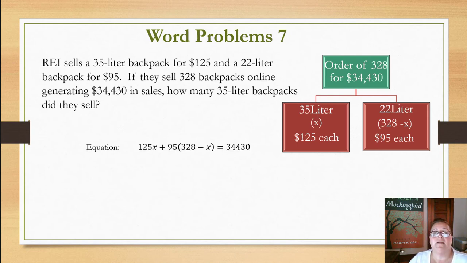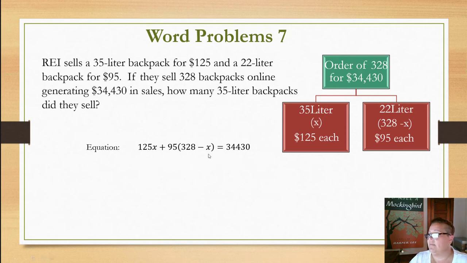Using my solving skills, I'm going to distribute the 95 across the parentheses to get 125x plus 31,160 minus the 95x is equal to 34,430.